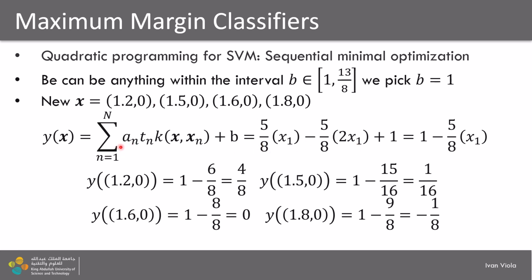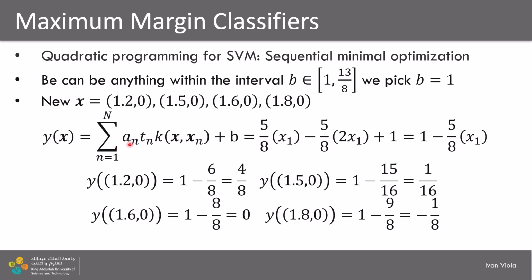There are 3 points, so n goes from 1 to 3, and for the first point this a_n is 0, so this point will be cancelled out anyway.